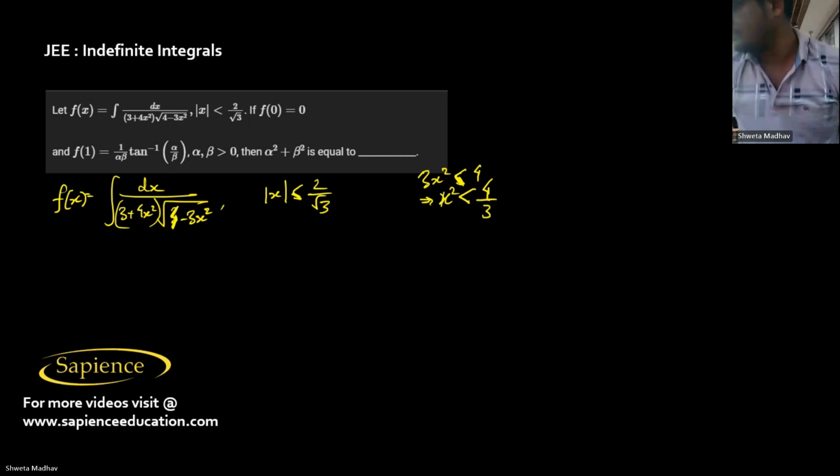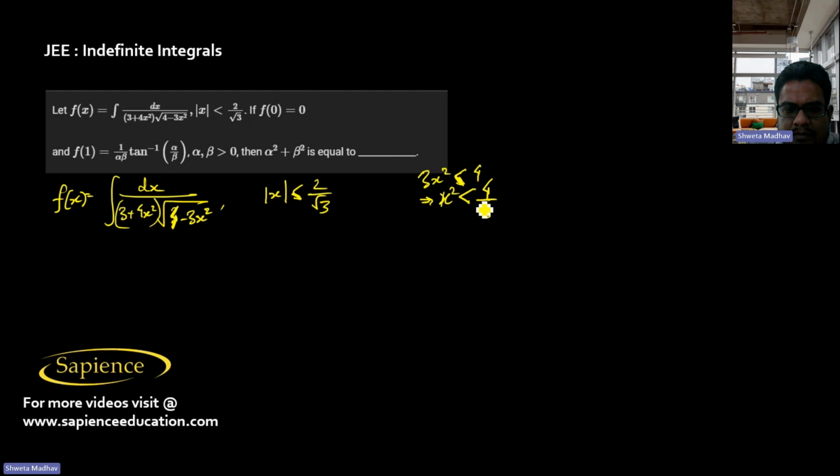Since 3x square should obviously be less than 4, then x square should be less than 4 by 3. So mod x should be less than 2 by root 3.